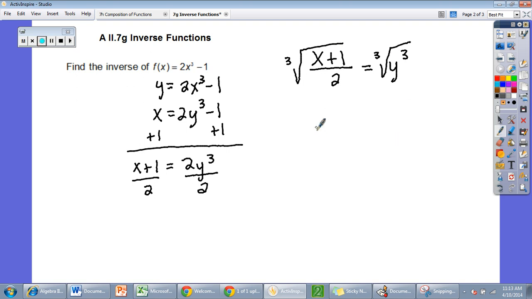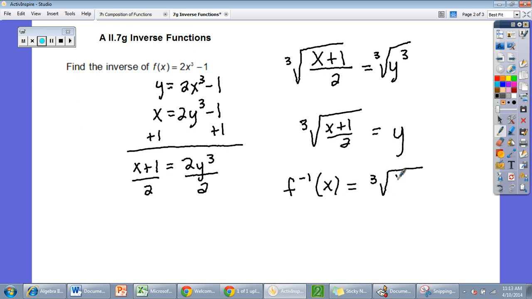So I would have the cube root of x plus 1 over 2 is equal to y. That would be my inverse function, and remember that it would probably have that inverse notation. This is equal to the cube root of x plus 1 over 2.